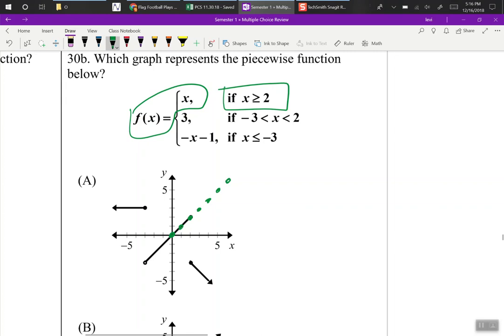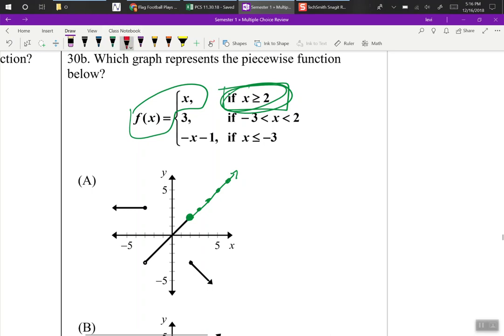Right, something like this. But just x values that are greater than or equal to 2, so we want to erase my first couple here. And now, because I've got the equal sign, I want to use a closed circle. So that's a closed circle, and we'll go out from there.